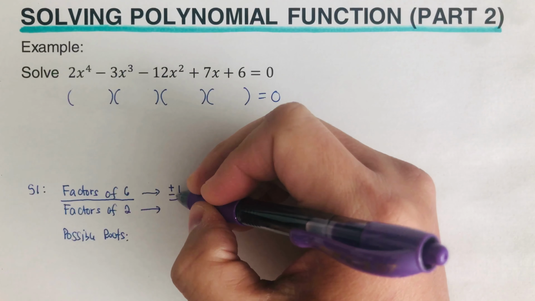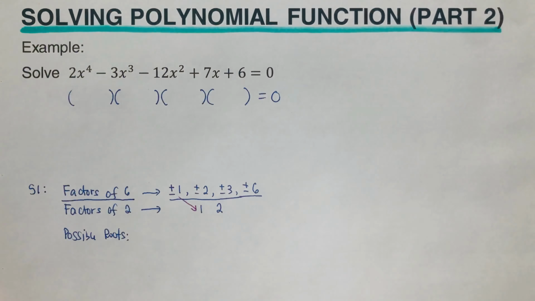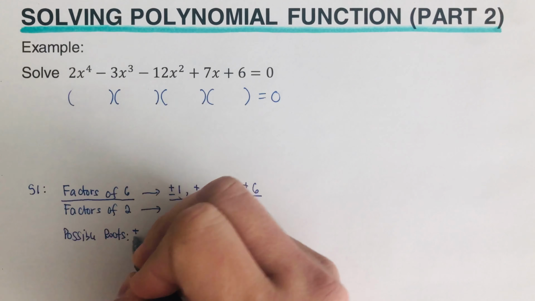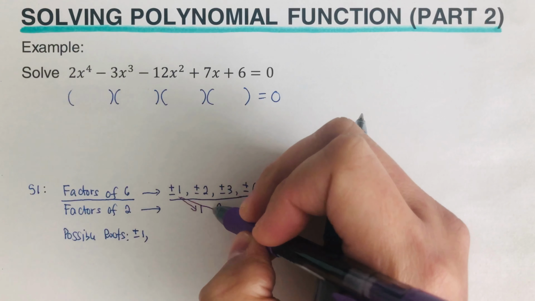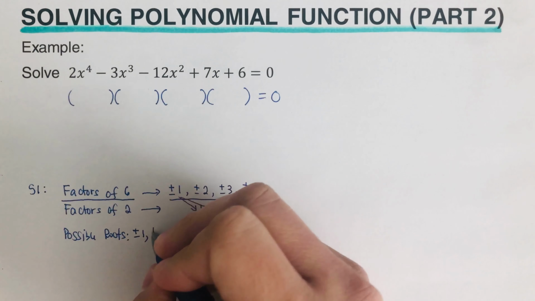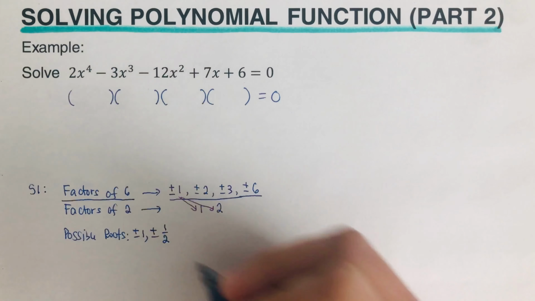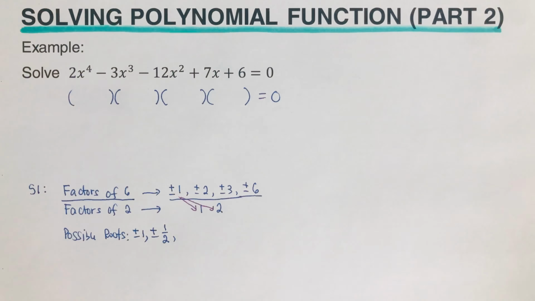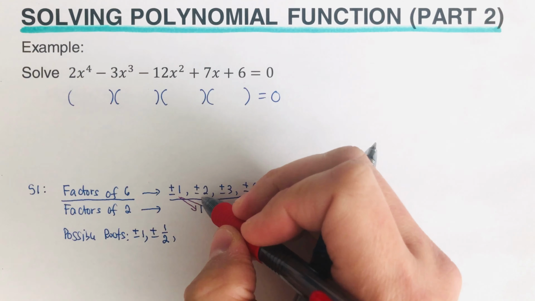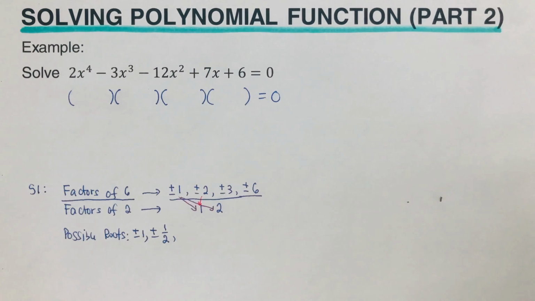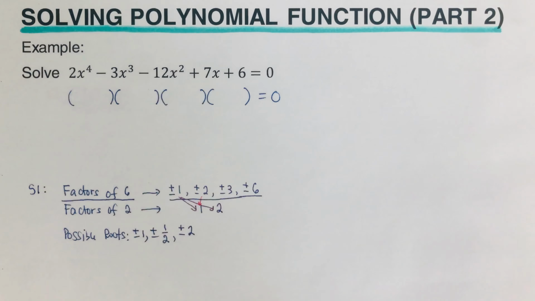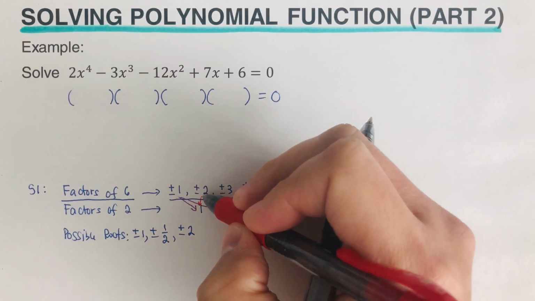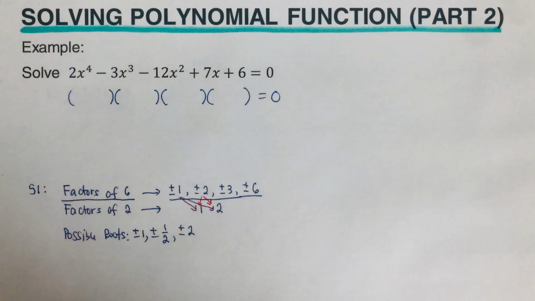So positive negative 1 divided by 1 is plus minus 1. Then positive negative 1 divided by 2 is positive negative 1/2, and we do the same thing for 2 here. We divide positive negative 2 by 1, and the answer is positive negative 2, and then negative 2 divided by 2 is plus minus 1, and we don't need to write that because we already have it over here.